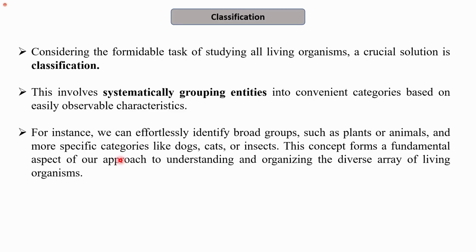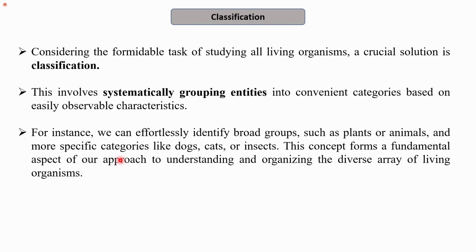It is like, suppose we all are Indians. When I talk about Indians as a whole, we should know that these are the characteristics present in all Indians. This is the type of classification that I am talking about in the biological system as well.